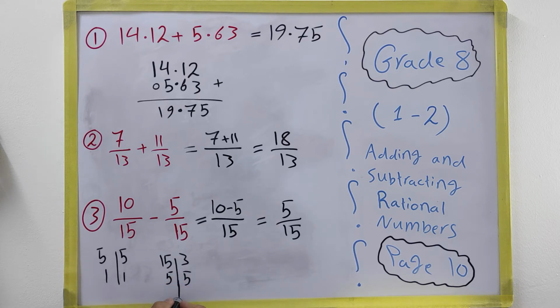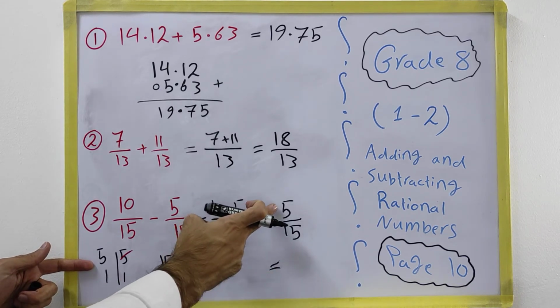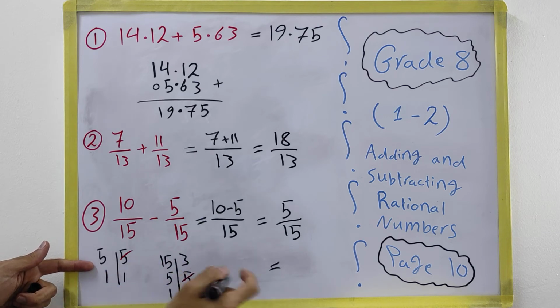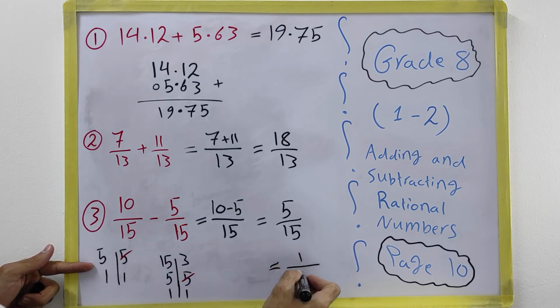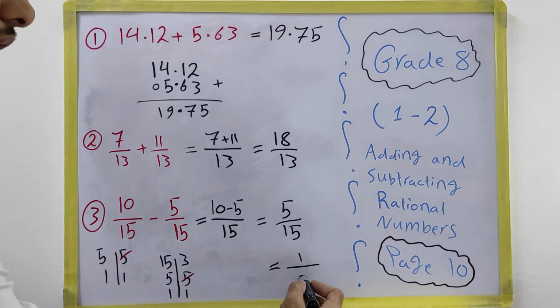Then 5 divided by 5 equals 1. We leave out the same factors. 5 equals how much? The result in the numerator, which is 5, we just have 1. On the other side, we just have 3.